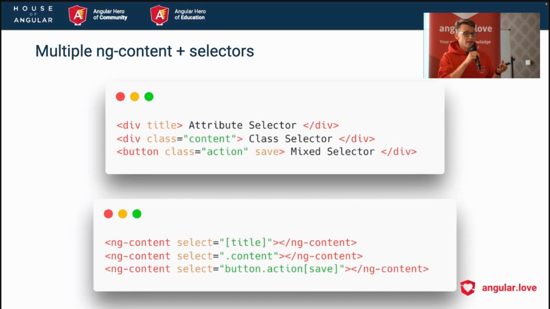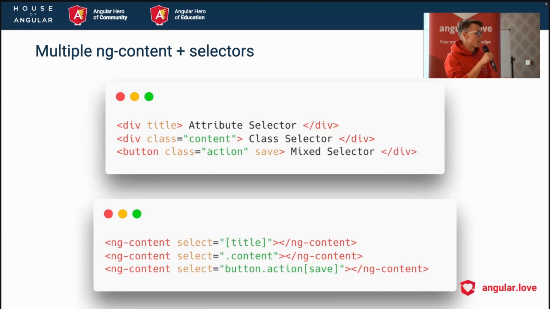And then in our expansion panel component, we just add the select attribute where we pass the selector. For attribute selectors, it will be just the name of the attribute between square brackets. For a CSS class selector, it will be just a dot and then the name of the class.